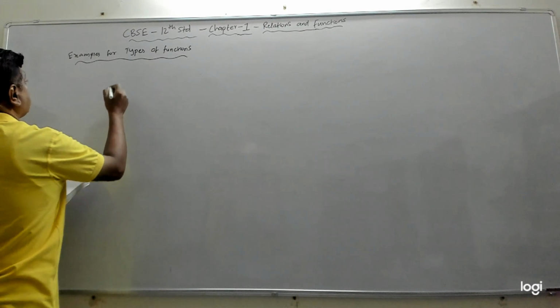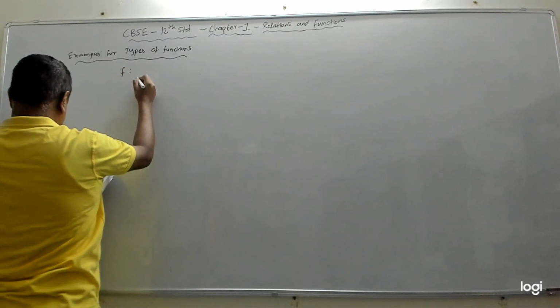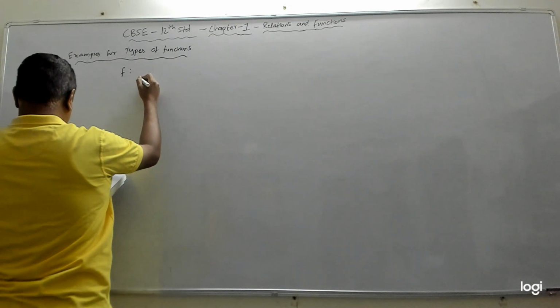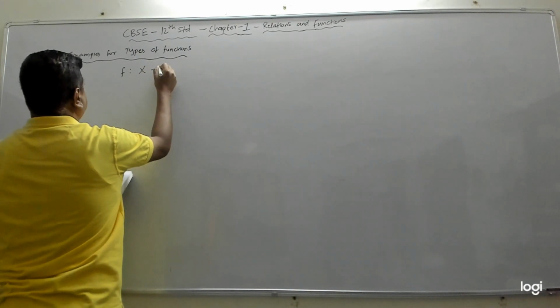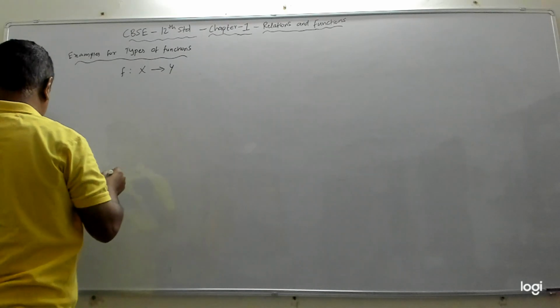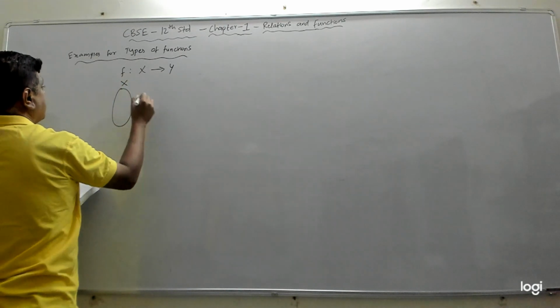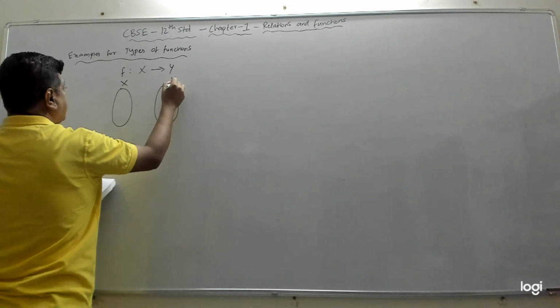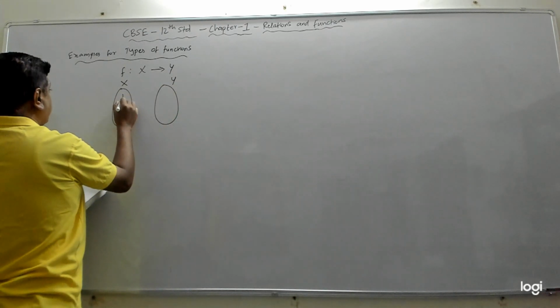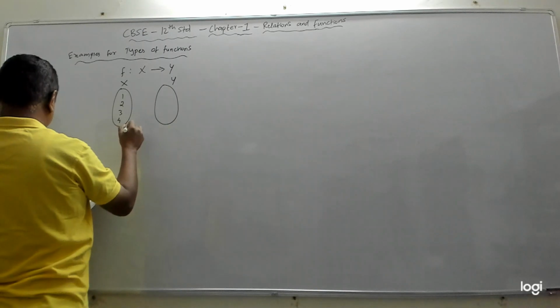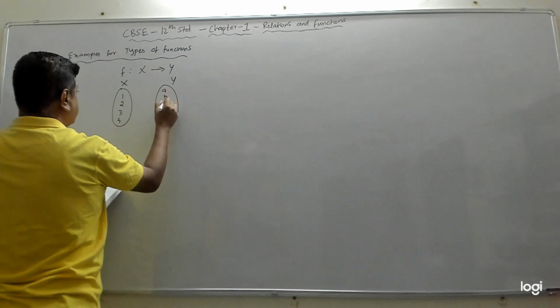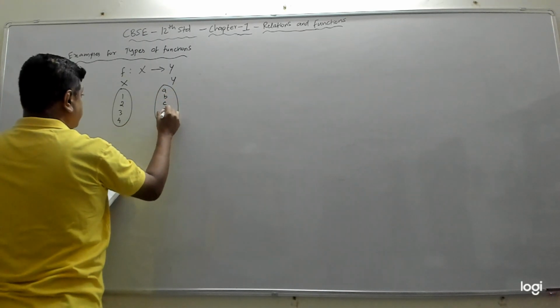Suppose f is a function from set X to set Y. Suppose I write this as capital X and this as set capital Y. X has elements 1, 2, 3 and 4. Y has A, B, C, D, E and F.